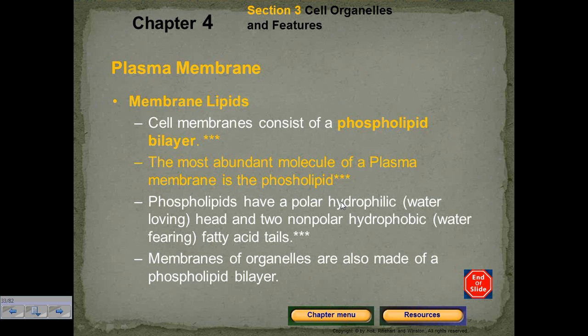So that polar head likes water, and then those 2 fatty acid tails, they're hydrophobic. They do not like water, right? The fatty acids don't like water. The phospholipid head does. There's the phosphate group on the phospholipid. So hydrophilic likes water, hydrophobic doesn't.